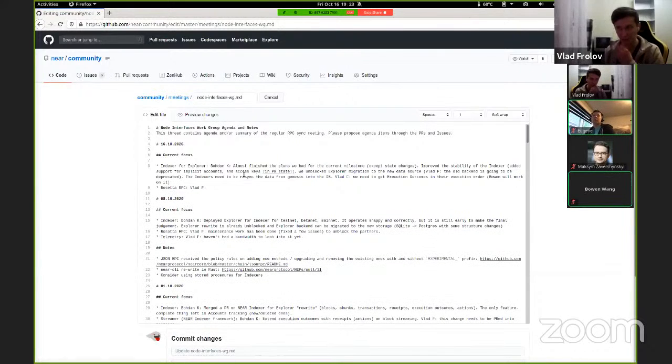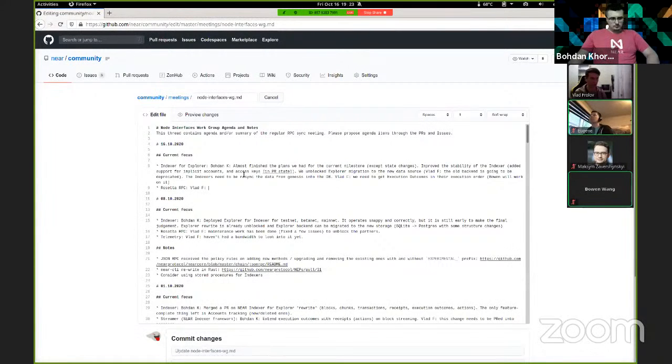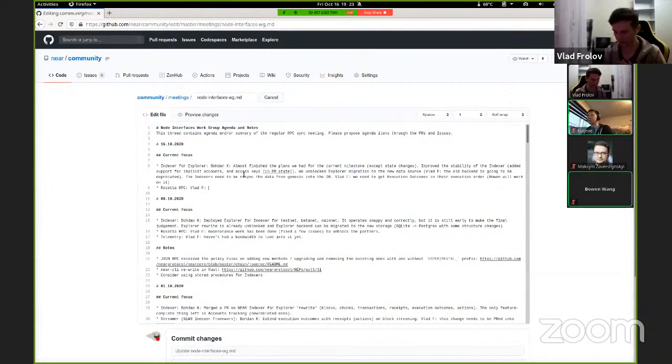On the Rosetta RPC side, there is a small update. We had a meeting and some chat with the team behind Rosetta, and they are extending the scope of Rosetta. They introduced a call endpoint to the Rosetta spec to enable view calls.